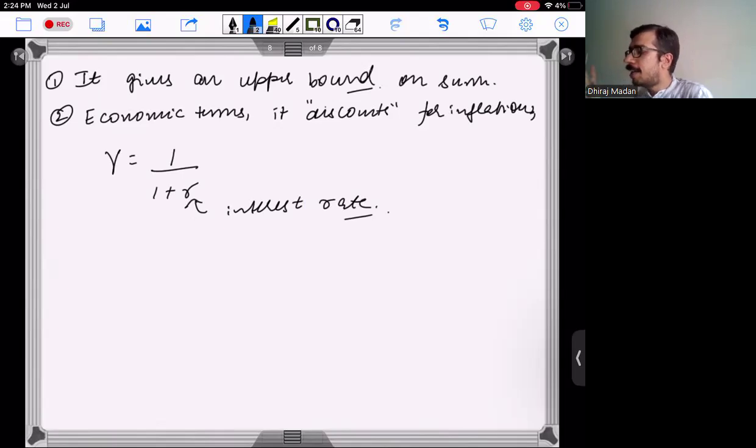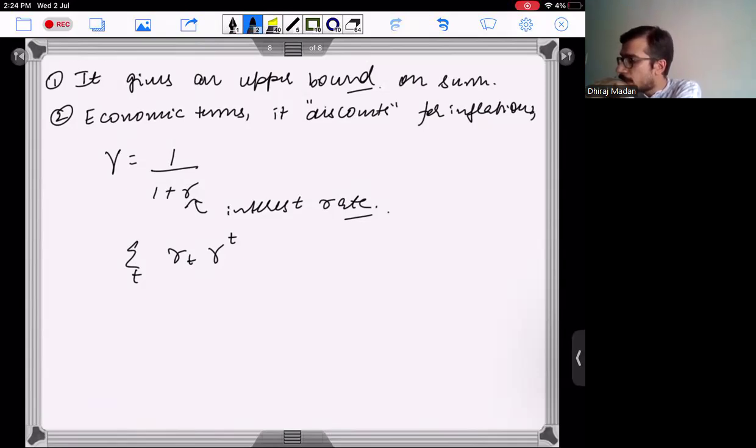So you can interpret this in economic terms as well. Now, when you are trying to maximize the sum of R_t gamma to the power t, think of it this way: you receive a reward today, which is R0, you receive a reward tomorrow, which is R1, but you discount it in today's time by a factor of 1 over 1 plus R. Similarly, a reward two days later, worth today, will be discounted by 1 over 1 plus R squared, and so on.